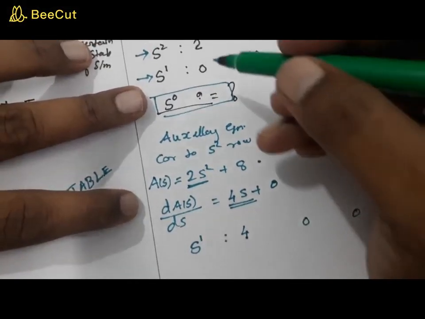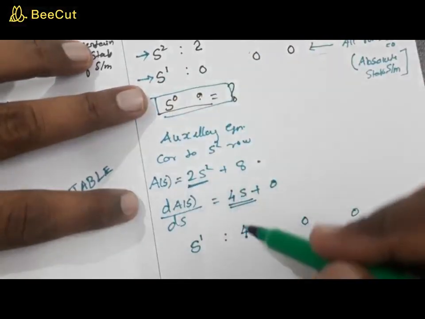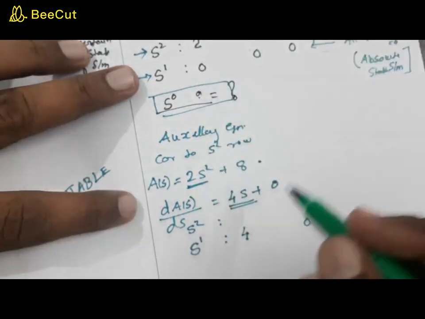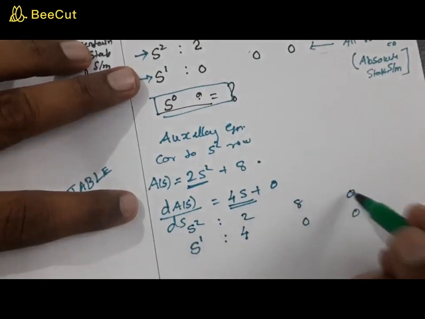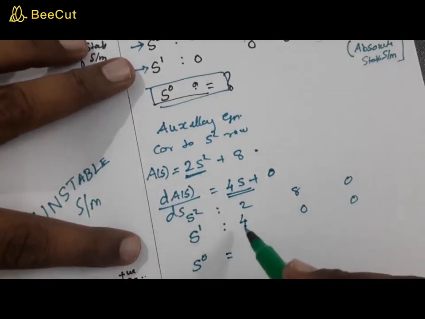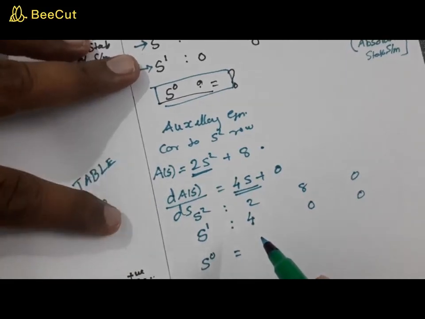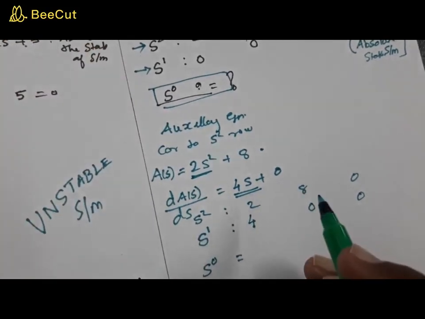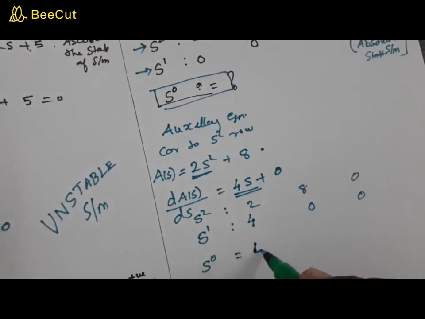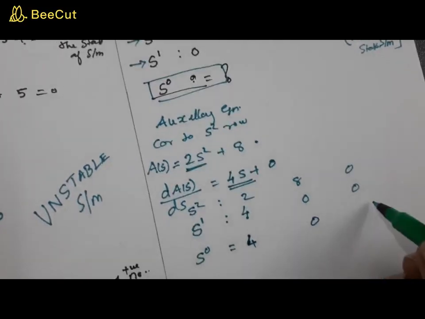Now I'm just writing it again for you: s square, which is 2, 8 and 0. What will be the next step? 8 into 4, 32, minus 0, divided by 4, which gives you 8, so this row will be 8, 0 and 0.